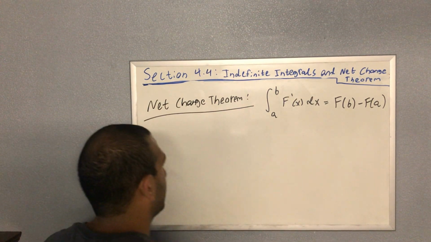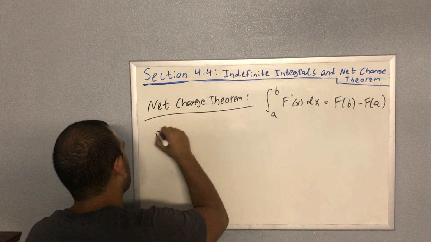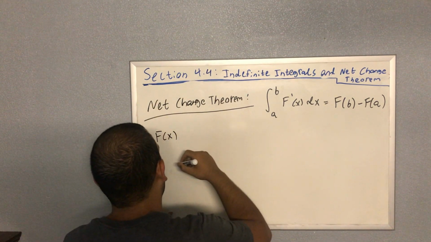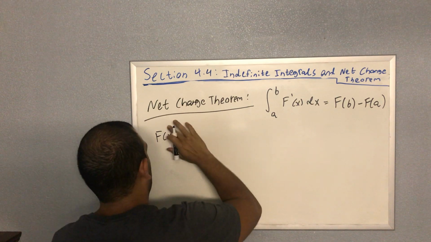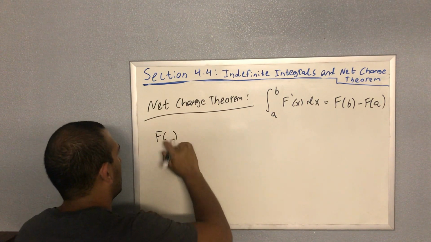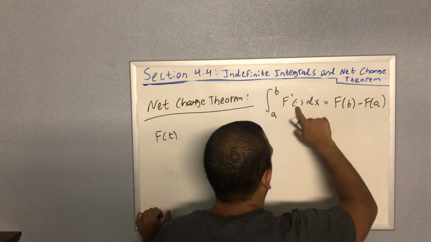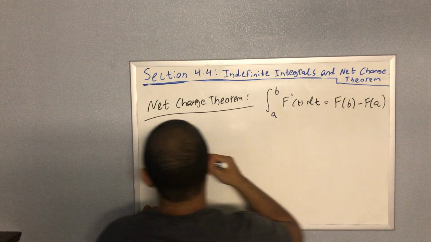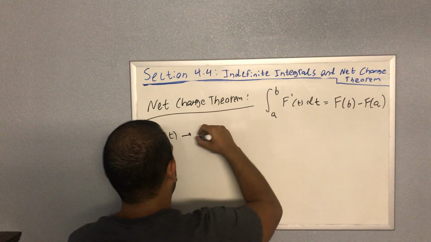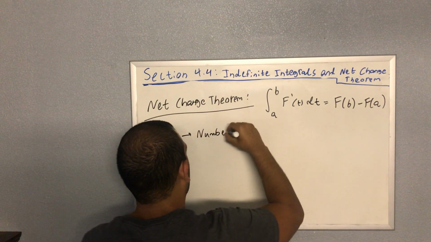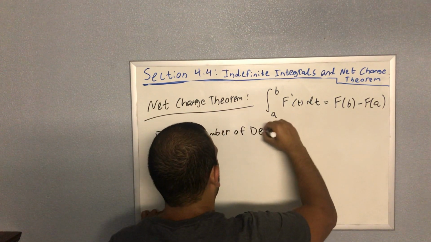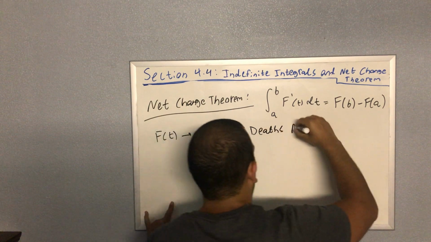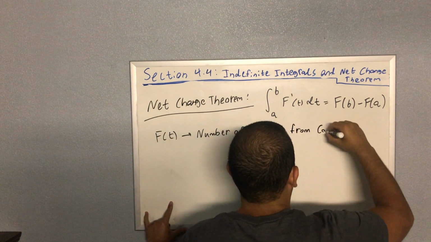So say f of x, and let's use t here, so again, I said you can replace this with a t, doesn't do anything. So f of t, this is the number of deaths from coronavirus.